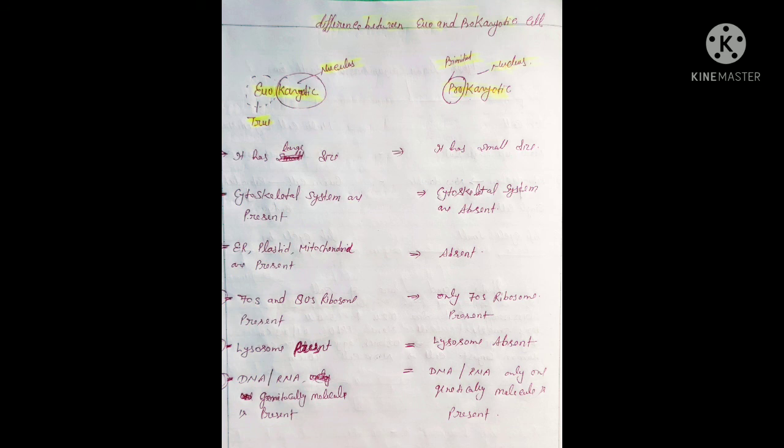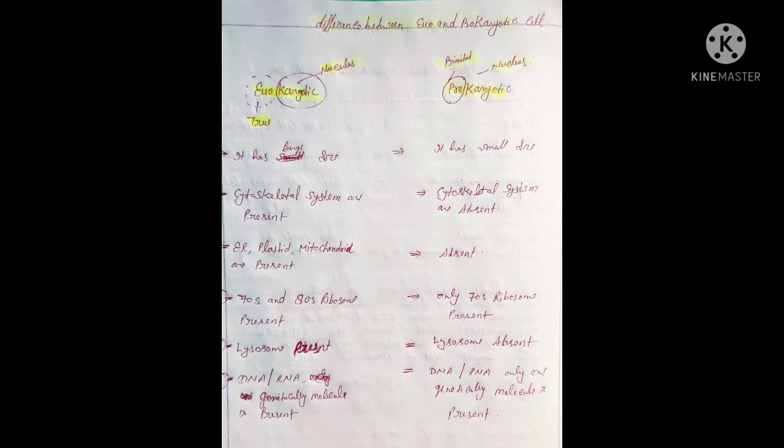And prokaryotic cells are defined as follows: Pro means primitive or before, and karyotic means nucleus. So before a nucleus, there is a small area something like a nucleus, called a nucleoid. A complete nucleus is not present in prokaryotic cells.